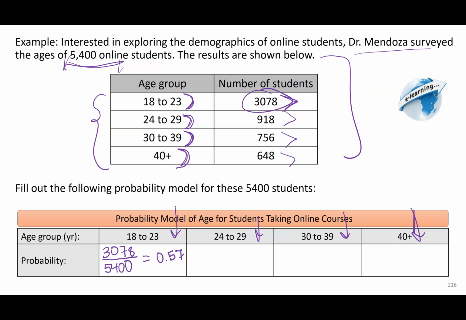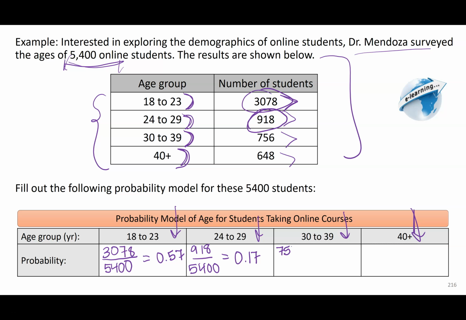And then I'm just going to repeat for the next age group, 24 to 29, 918 out of still 5,400 students total. I am not doing this in my head. I threw this onto my calculator. So it looks like 17% of the online students are between 24 and 29.